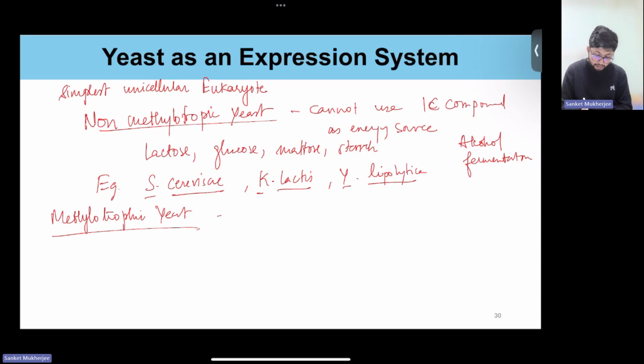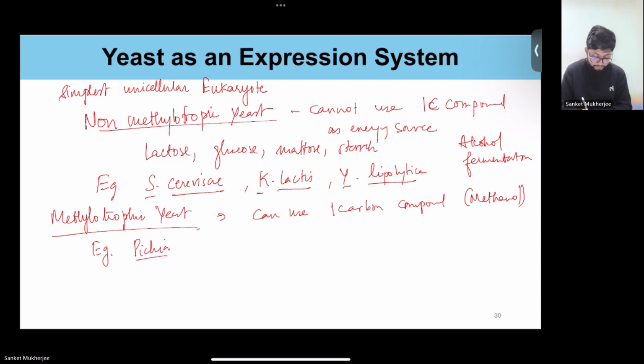They can use one carbon compounds, let's say like methanol, as their energy source. Examples would be Pichia pastoris or Pichia methanolica.